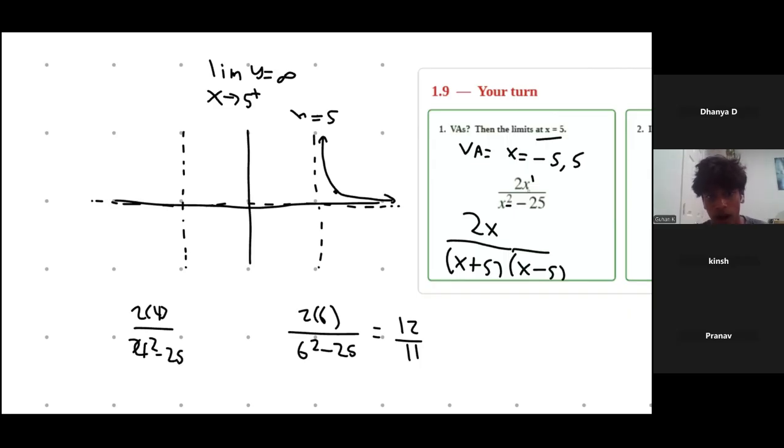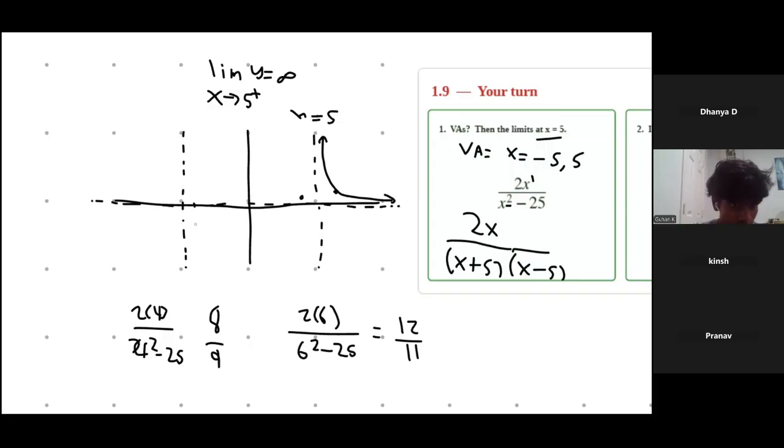And why we did 6 first is because 6 is a little after x equals 5. So then we know what's on this side, the very right side. And now to find the area near x equals 5, we're doing 4, which is 1 less than 5. So we get 8 over 9. So it's going to be 4 comma 8 over 9, which is like there. But to double check, let's plug in one more point. This time let's plug in a point on this side, because we know this side is going to be the opposite, right? So let's plug in a point at x equals -4.